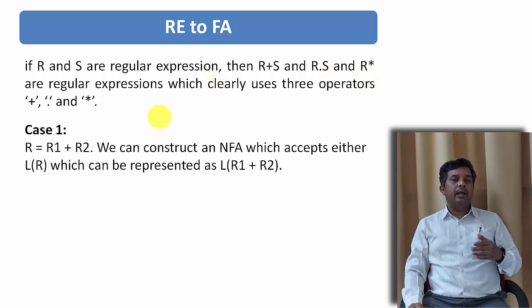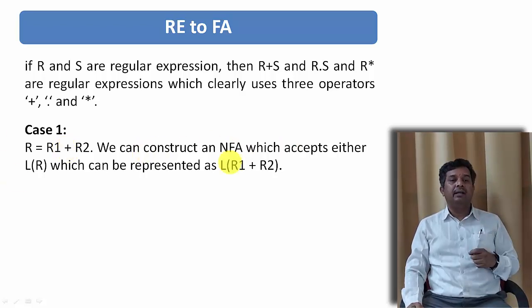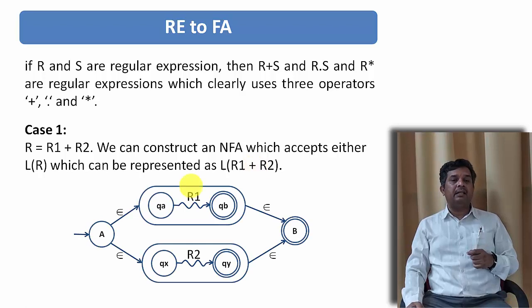So whenever we are using the plus operation, we are taking case 1. If I am having two regular expressions R1 and R2 and I am using the union operation or the plus operation, we can construct an NFA which accepts L of R that can be represented as L of R1 plus R2. So it is represented in this way.